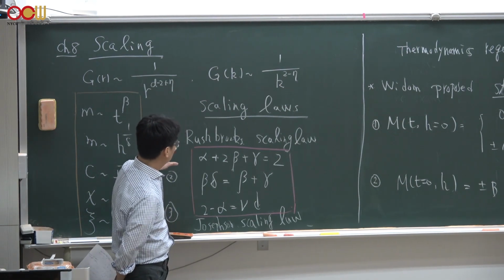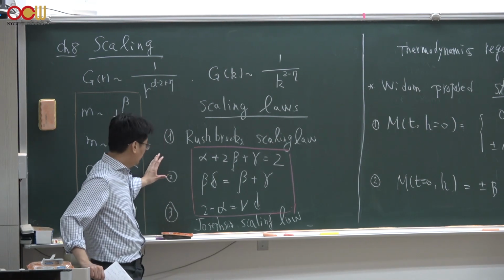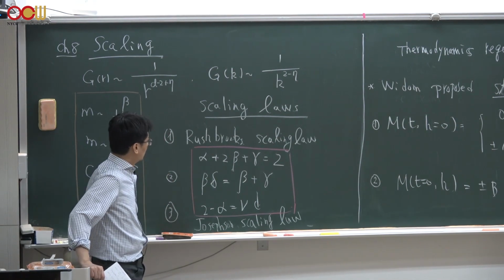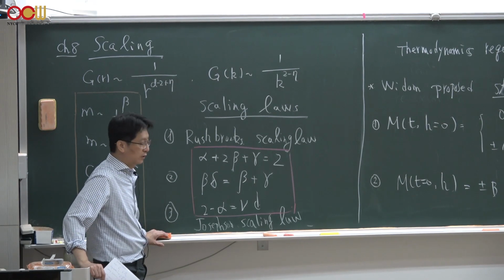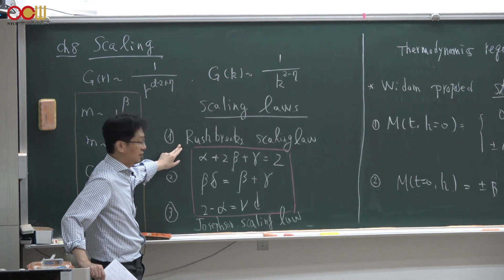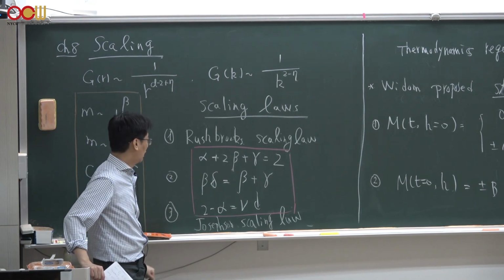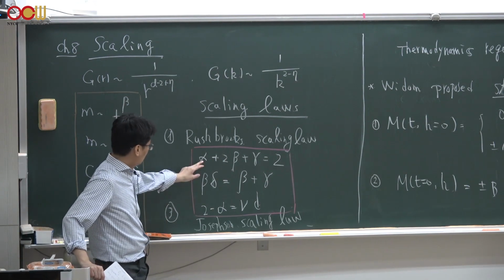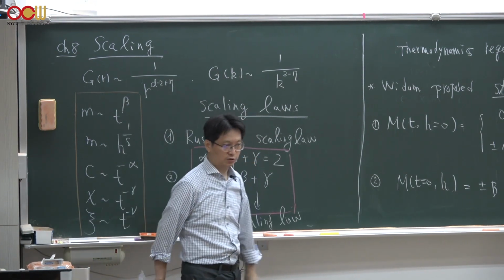But what is the scaling law, or what are they? So there are three important scaling laws. Oftentimes we talk about the scaling behavior of critical exponents. Number one is called Rushbrooke's scaling law, which involves the linear combination of alpha, beta, and gamma, where alpha plus 2 beta plus gamma equals 2.